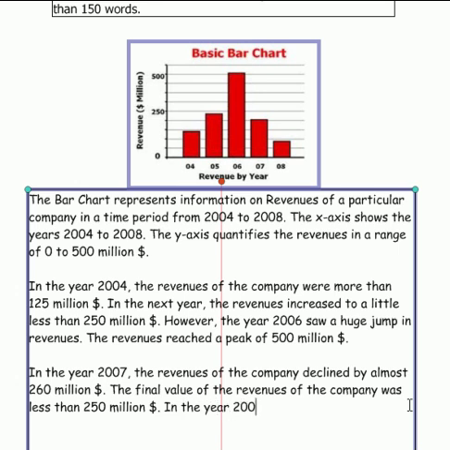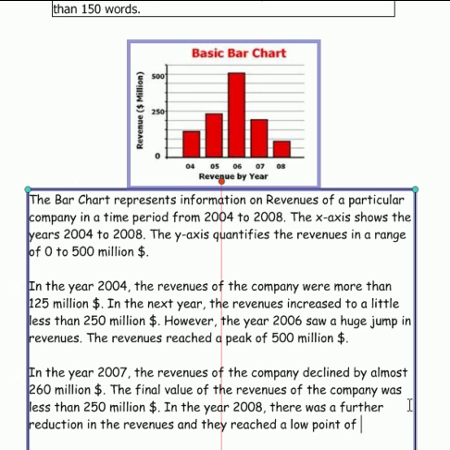In the year 2008, there was a further reduction in the revenues, and they reached a low point of, now over here you can see it's less than half, but it's even lesser than what was the revenue in 2004.